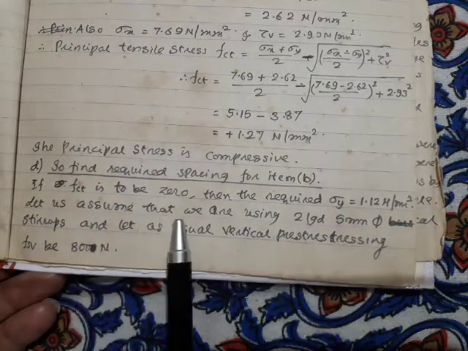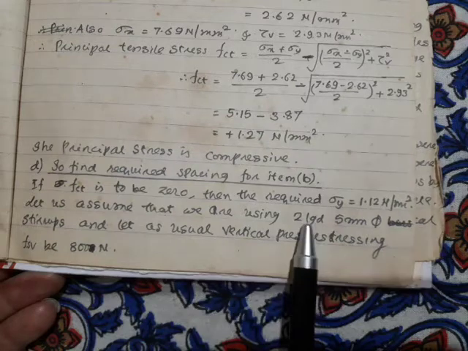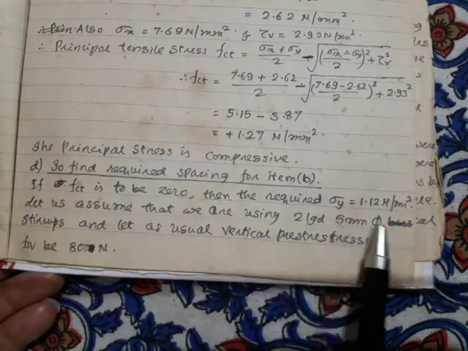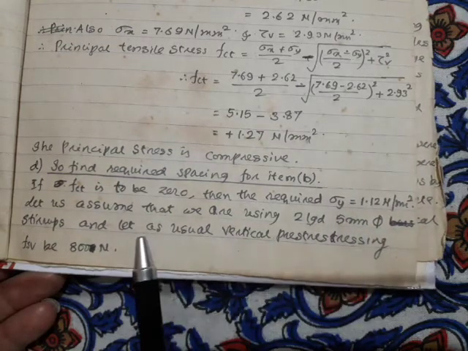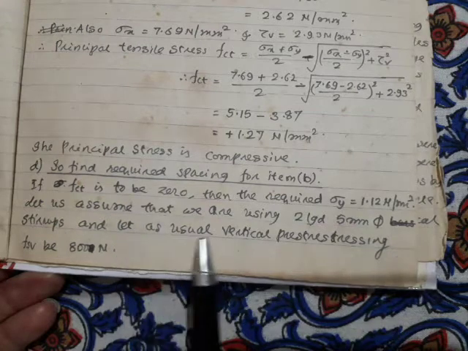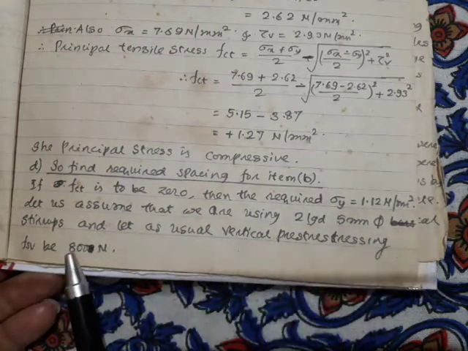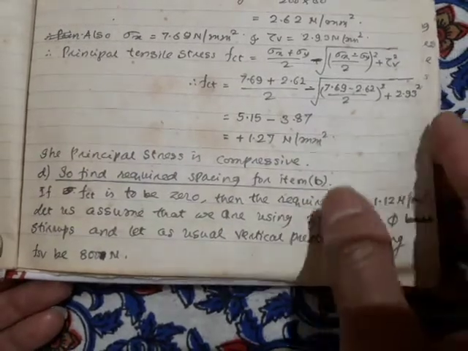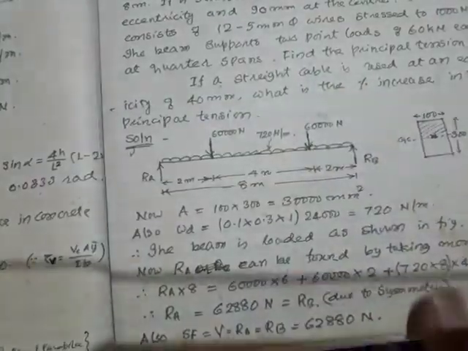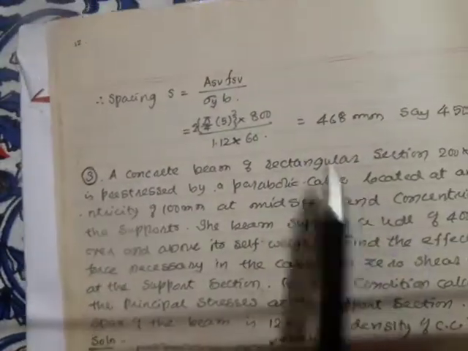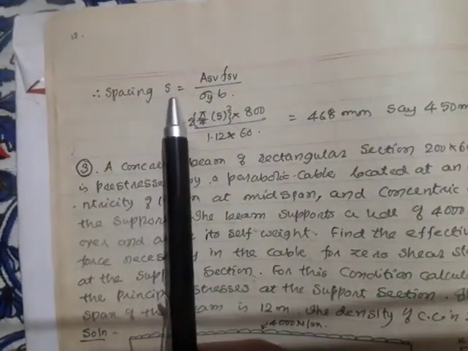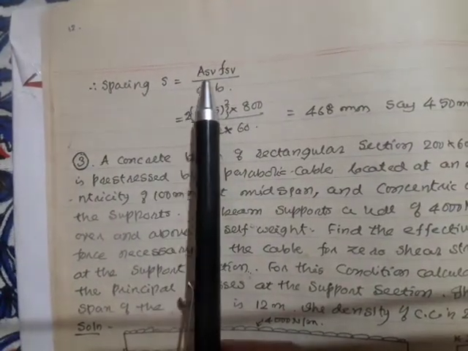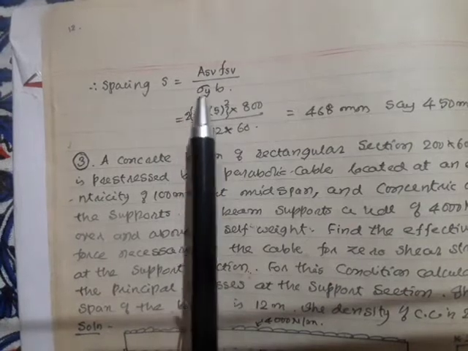Let us assume that we are going to use 2-legged vertical stirrups with 5 mm 5 wires, and let us assume that the vertical pre-stressing applied is 800 Newtons. For this data, I want to find the spacing. The spacing can be easily calculated by the equation S is equal to ASV FSV by sigma y b.